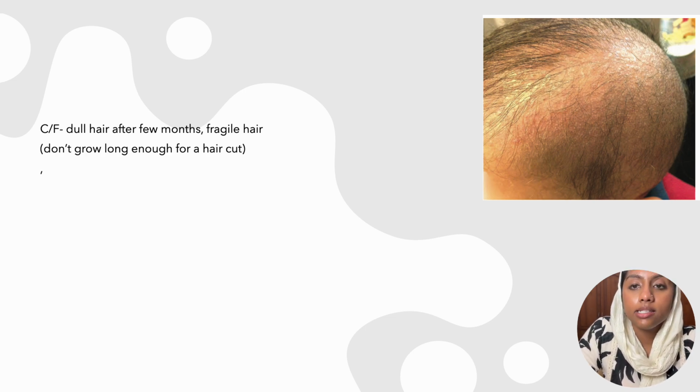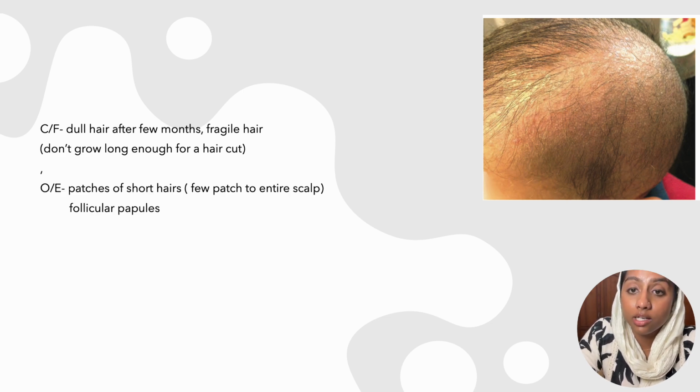At birth the hair was normal, and after a few months the hair became very lustreless and fragile. Sometimes they say that the hair doesn't grow long enough for a haircut. These are the other complaints that you generally hear. On examination, as you can see in this picture, there are patches of short hairs, and you can also see follicular papules. Sometimes the child can have associated keratosis pilaris or nail dystrophy.